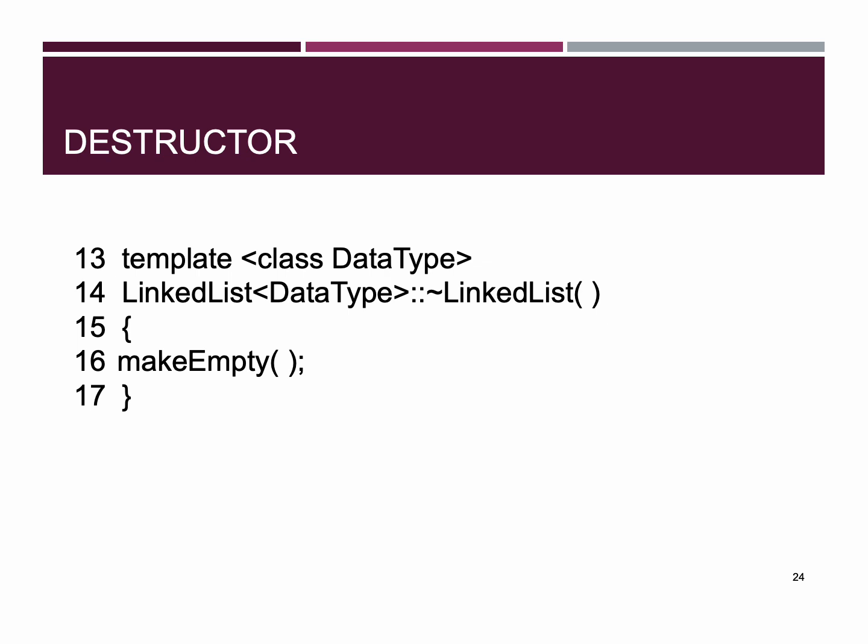By invoking makeEmpty, the destructor guarantees that there are no memory leaks, as it ensures that every dynamically allocated node is removed from the list and the memory is returned to the system. The use of a destructor is crucial because it's very important for memory management in a class that deals with dynamic memory allocation, such as a linked list.